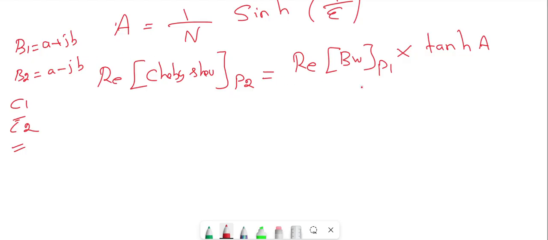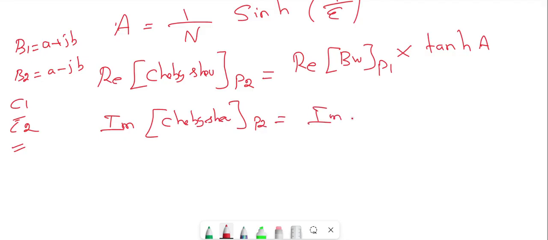For any pole P1, the real part is multiplied by tanh A, and the imaginary part of the Chebyshev filter will be the imaginary part of the Butterworth pole as such. So P1 is a Butterworth pole with real and imaginary parts. The new Chebyshev pole is calculated by multiplying the real part with the tanh function, keeping the imaginary part.